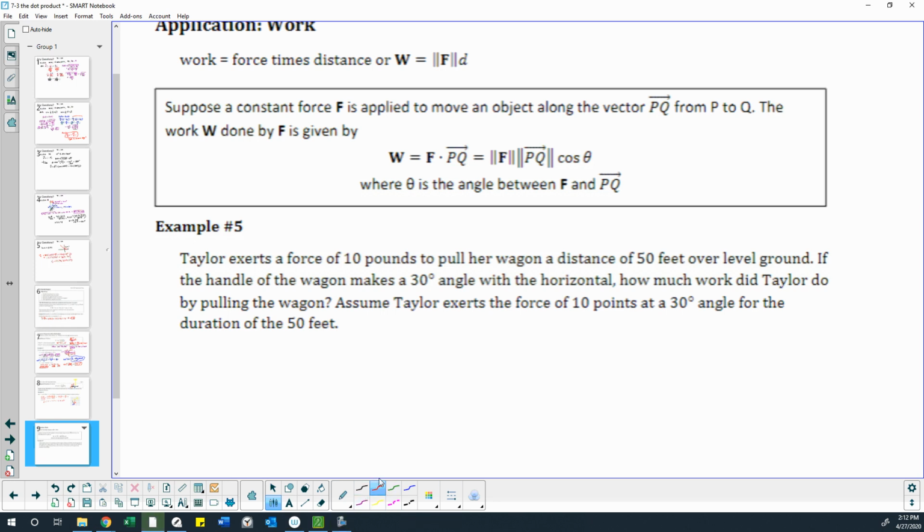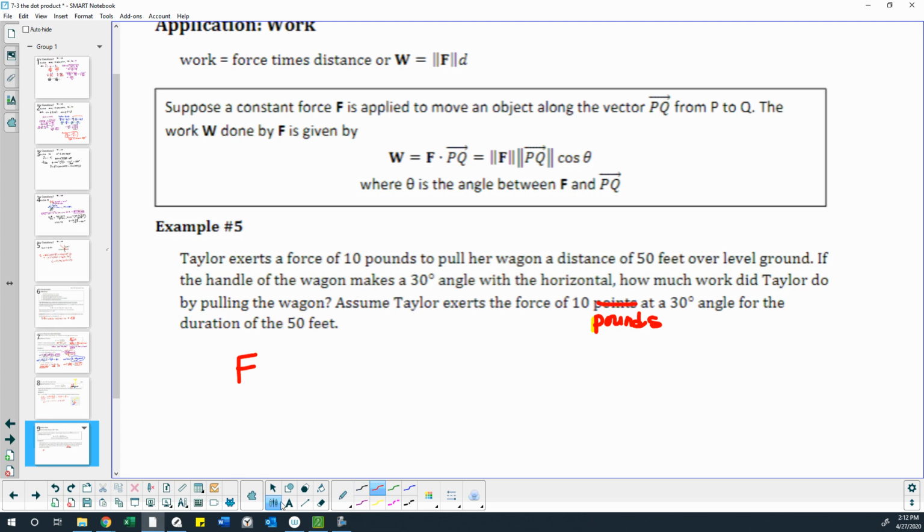Assume Taylor exerts the force of 10 pounds at a 30-degree angle for the duration of 50 feet. Okay, so using our formula, we want to start by finding the component form of vector F.